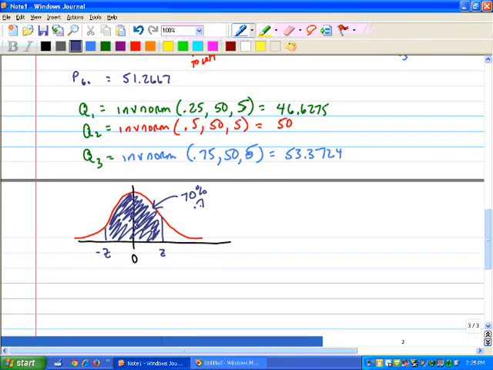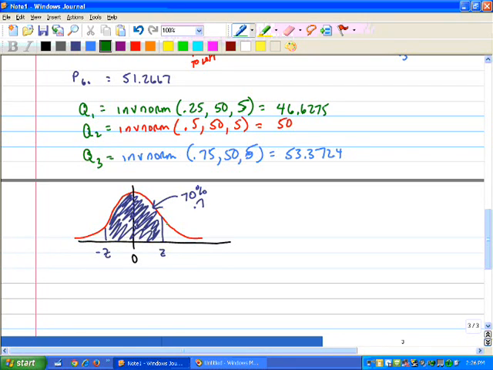This is a little more tricky, but the first thing we have to recall is the symmetry of the normal curve. So we're looking for z where the area in between z and negative z is 70%.